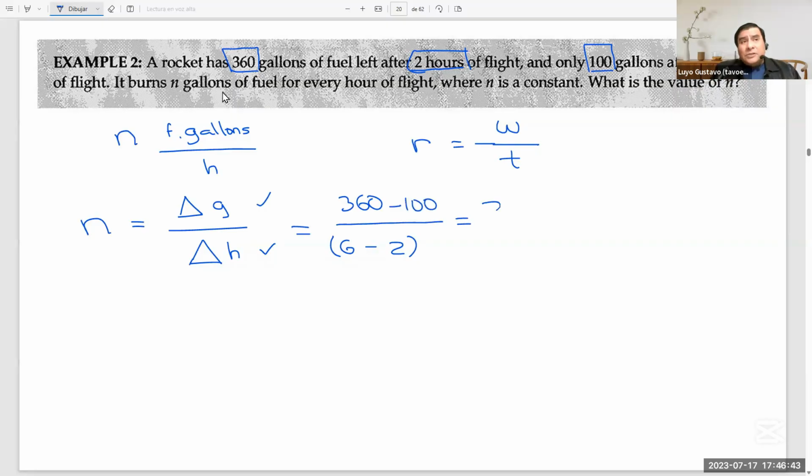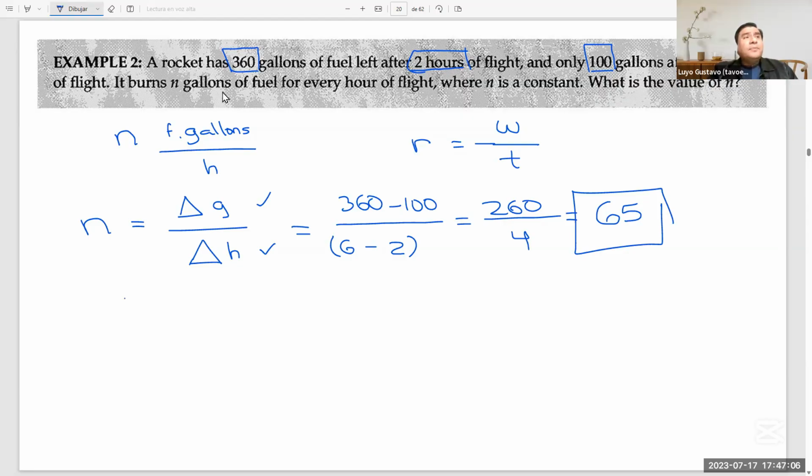In other words, 260, right? And this divided by 4. So, as several of you said, this is half of 130 or 65, the value of it. All right, let's now see another example.